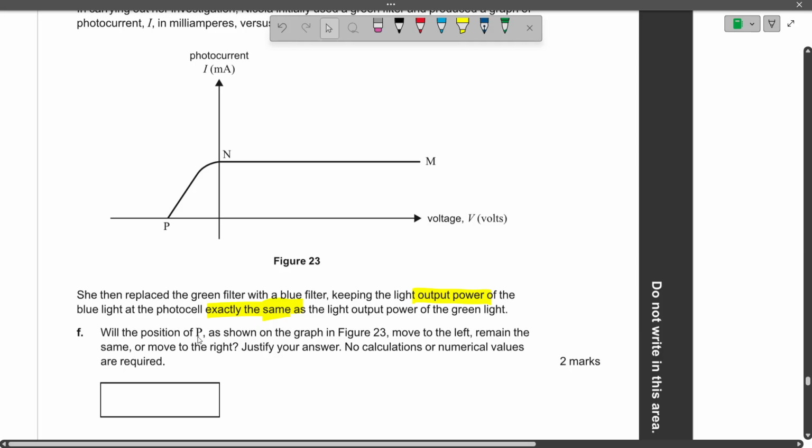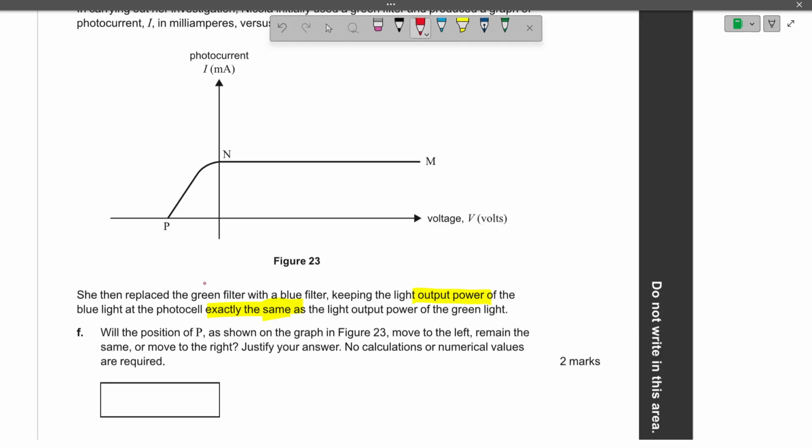Will the position of P, as shown on the graph in figure 23, move to the left, remain the same, or move to the right? Justify your answer. No calculations are required. So what's happening? We're swapping out the light from a green filter to a blue filter. What's the difference between green and blue?